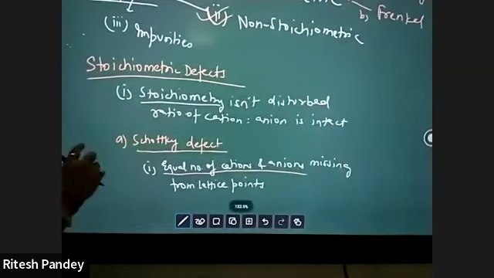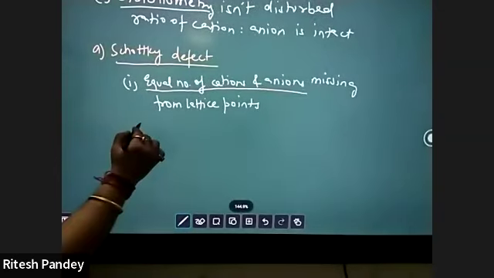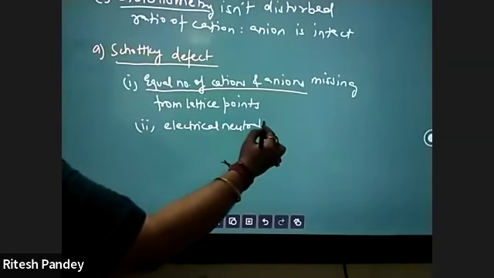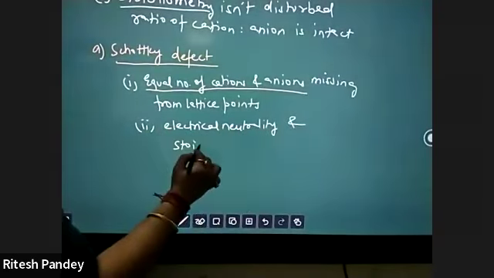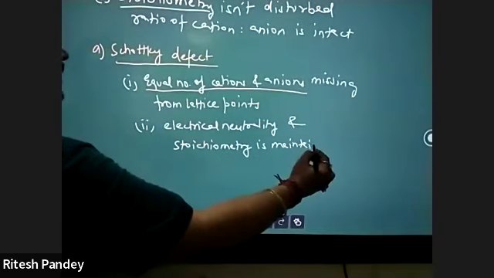I repeat, stoichiometric defects do not disturb the ratio of cation and anion, and equal number of cations and anions go missing from the lattice point. Both stoichiometry and electrical neutrality is maintained. I hope you are noting it down.